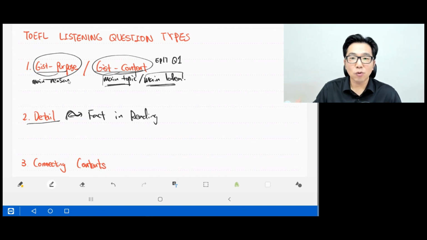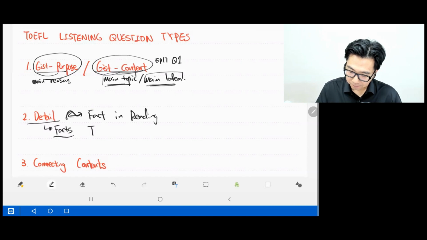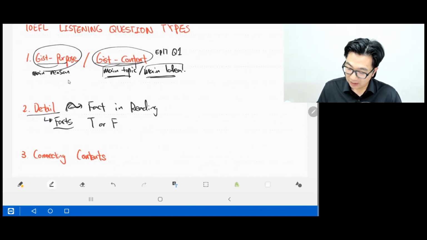And one tip I told you a couple of times already, one way to test yourself is that if you are able to write down notes that exactly match the answers of the detail questions, then you are doing something really well. And if your notes are never able to find the answers to the detail question, then you're doing something wrong, and you need to practice a little bit more. Okay, so just get the right information. All right, need a lot of practice.